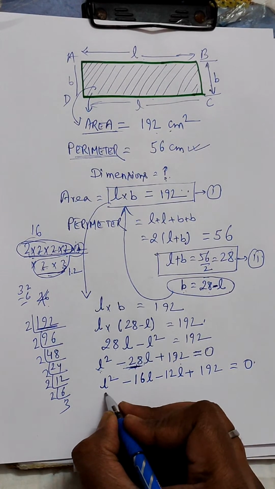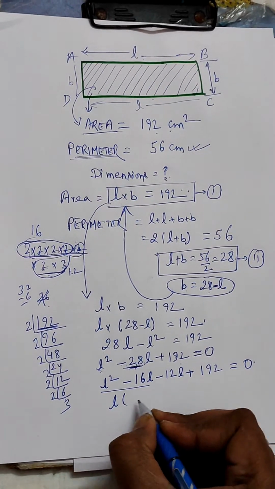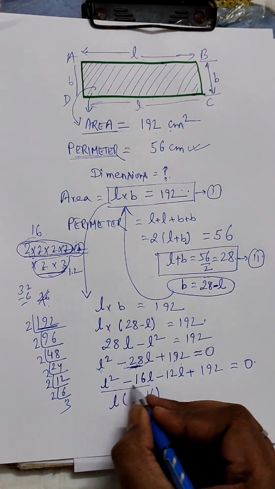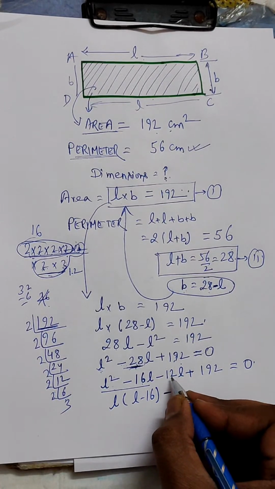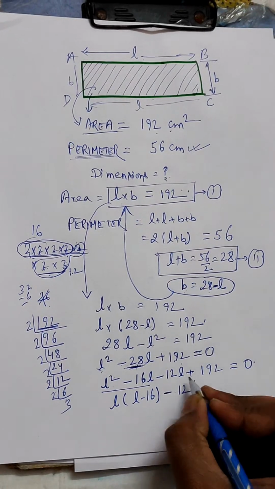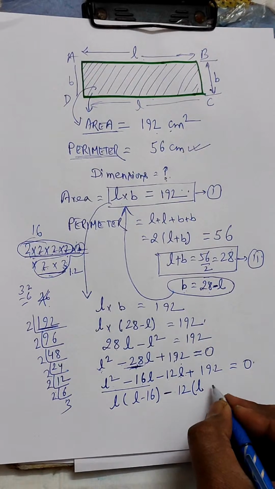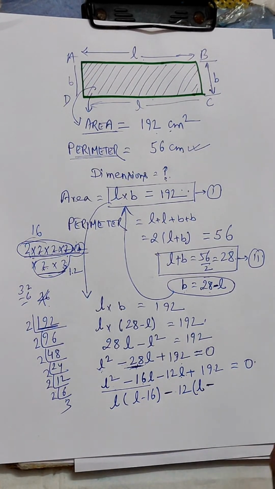Now, from these two terms, take L as common. So we have L minus 16 from the first two terms, and when we take 12 as common from the third and fourth terms, minus 12. We are left with L from the third term, and from the fourth term one minus, because minus and minus will be plus, right?